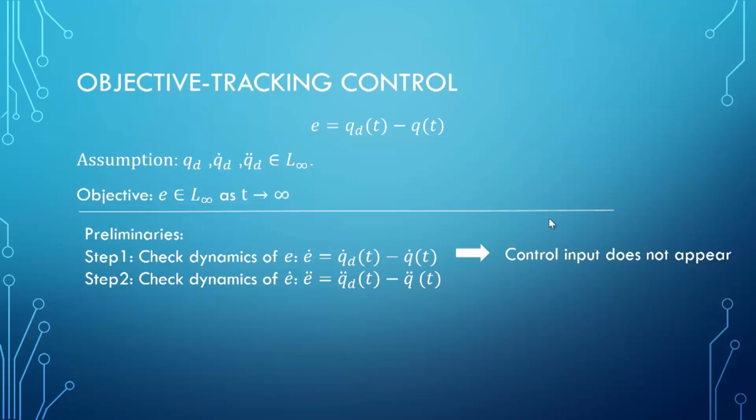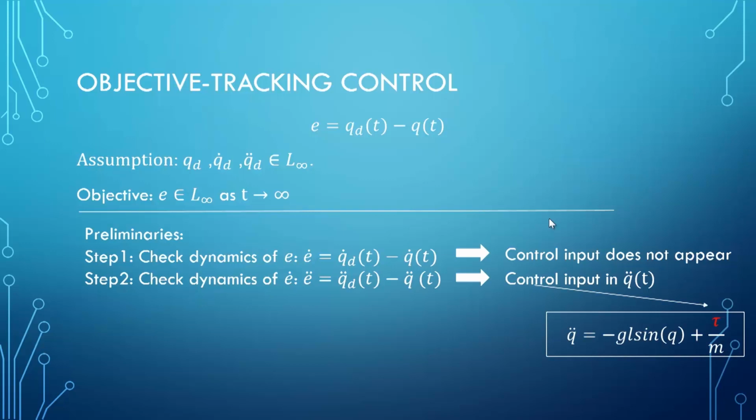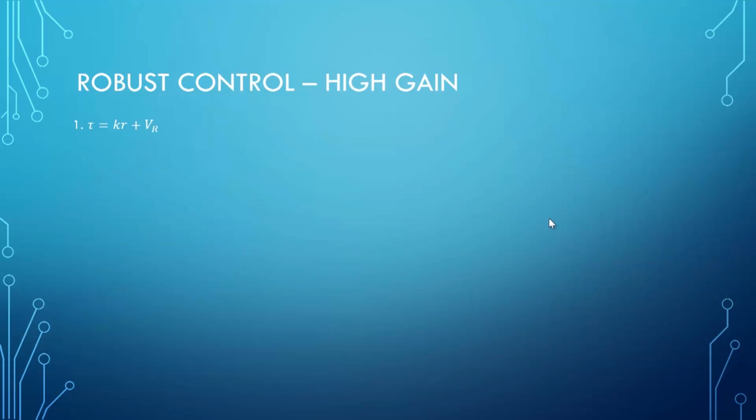So you need to take one more time derivative until you see q double dot, because q double dot implies the control, and only when you apply the control can you design it in the stability analysis. Let's design the robust control for unknown system parameters.